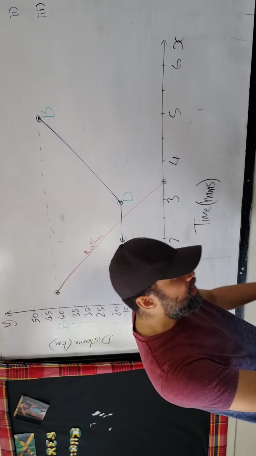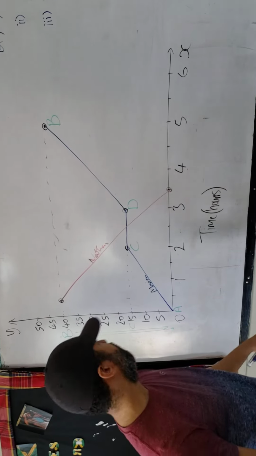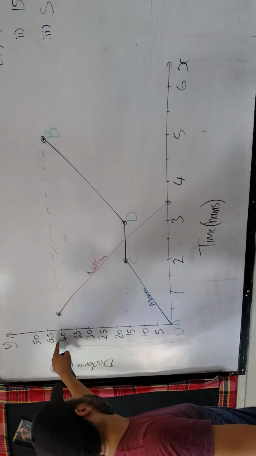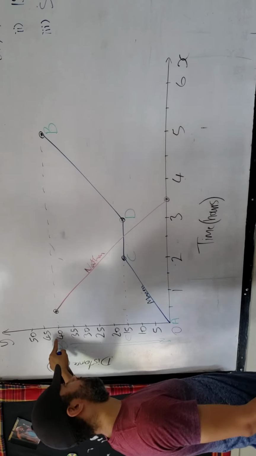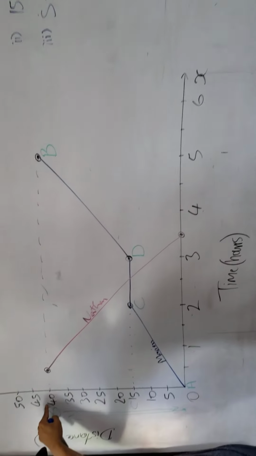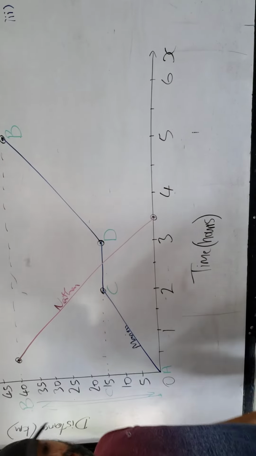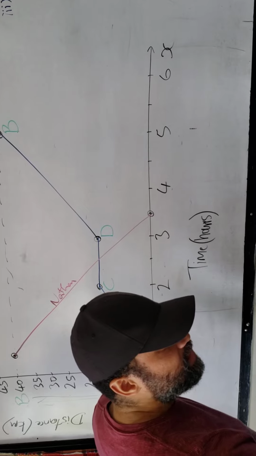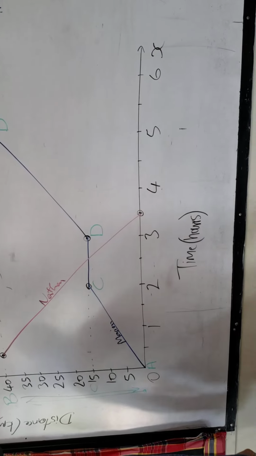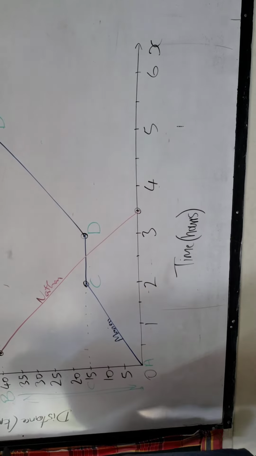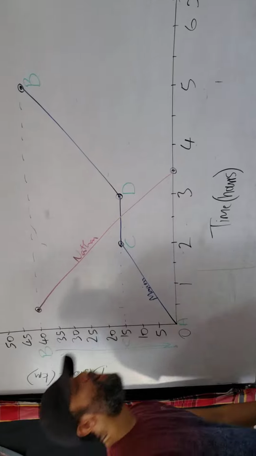Part 4: the distance in kilometers from B where the cyclists met. Where do you think the cyclists met on this diagram? I want the distance from B where the cyclists met. That would be 40 minus 15.